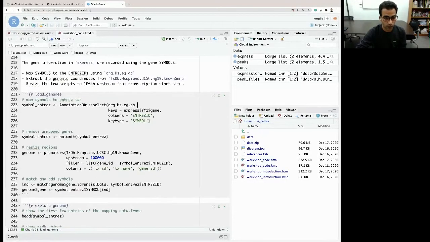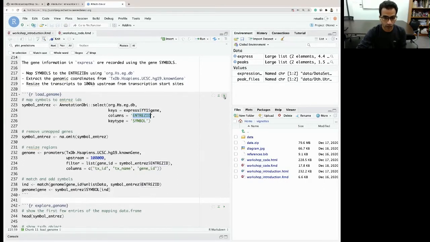AnnotationDbi has the function select. You pass to it the organism package, and then you say I want data for these particular symbols. So you pass the keys themselves, and you specify that these are symbols, and then you ask for the Entrez IDs.